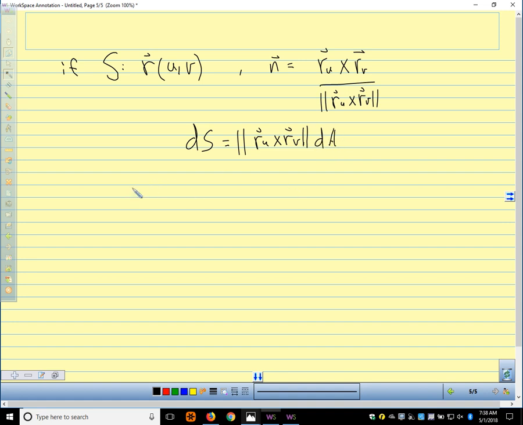And in this case, our flux integral, F dot n dS, becomes the integral over our region in the uv plane of F dot r sub u cross r sub v dA. And R is going to be our region now in the uv plane. So this is how we're going to evaluate our flux integral if we have a parametric surface.